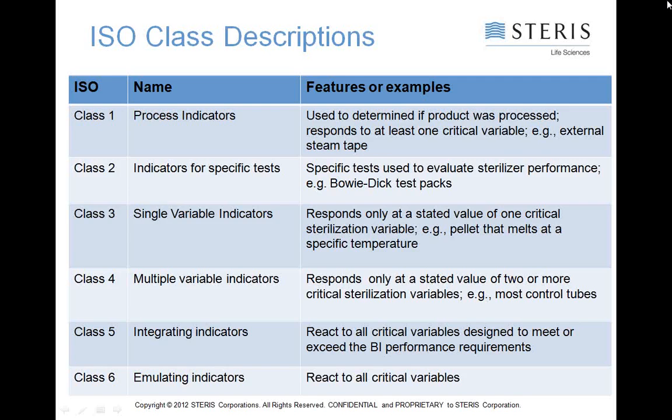With the class 5, it can be used at 121, 132, or 134C. In addition, their performance is required to correlate to a biological indicator. So as a result, the class 5 integrator results are similar to those of the BI and can detect failures where the selected temperature isn't reached.